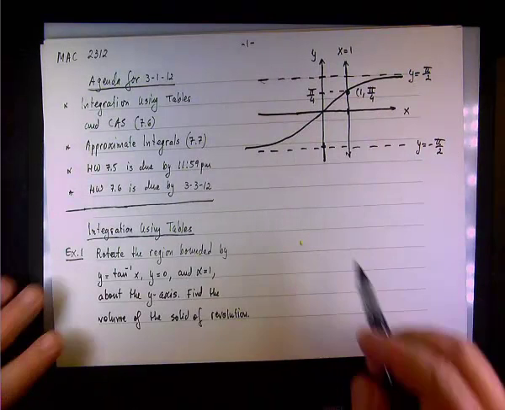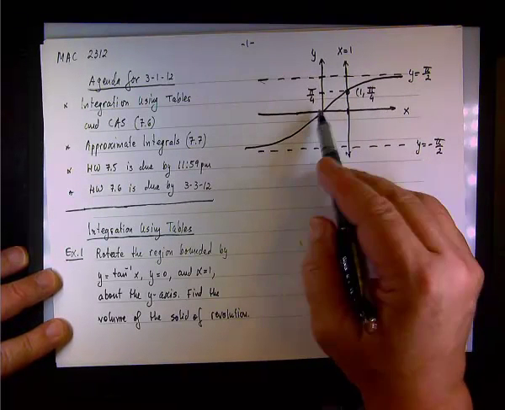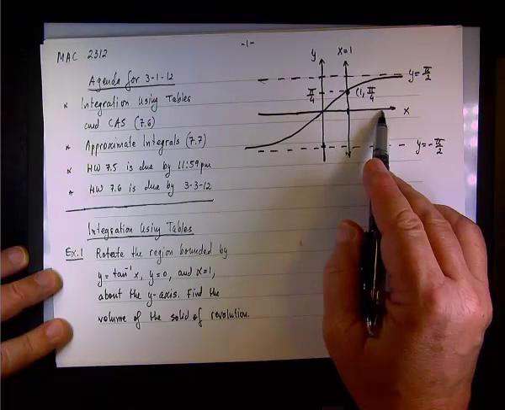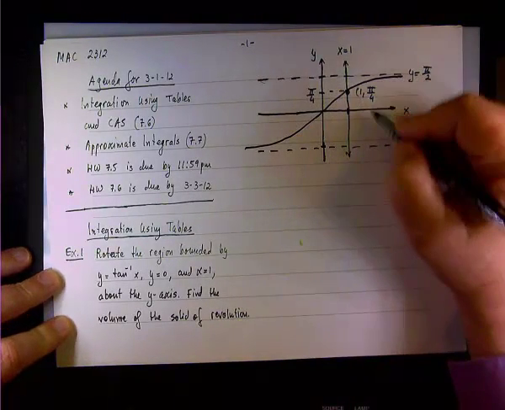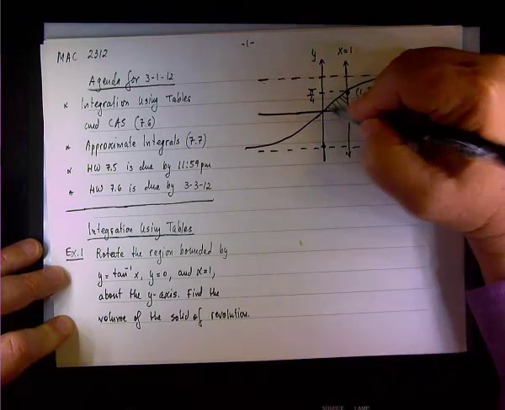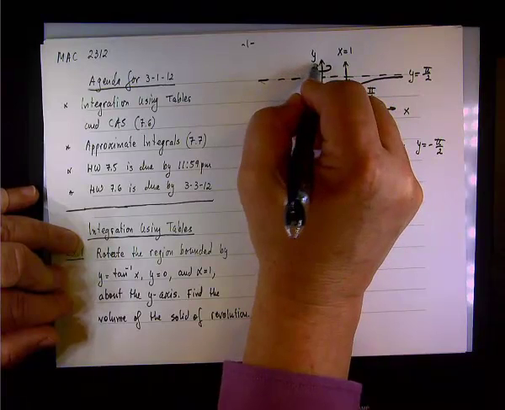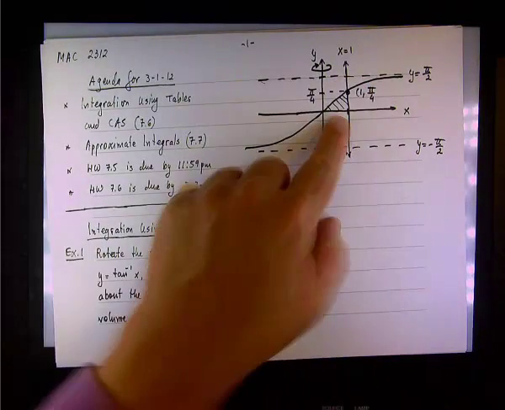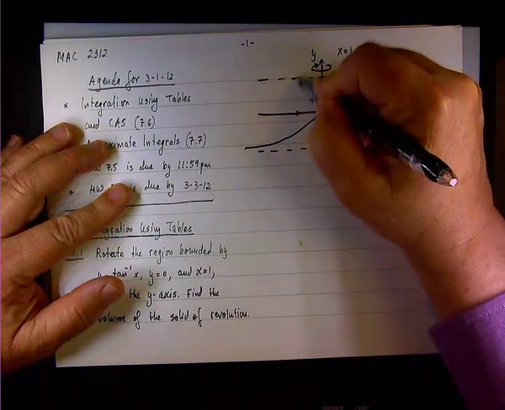So this intersection is (1, pi over 4), and this is the region bounded by the curve, by the line y equals 0, which is the x-axis, and by the line x equals 1. So we're looking at this region right there, and we rotate it about the y-axis this way.